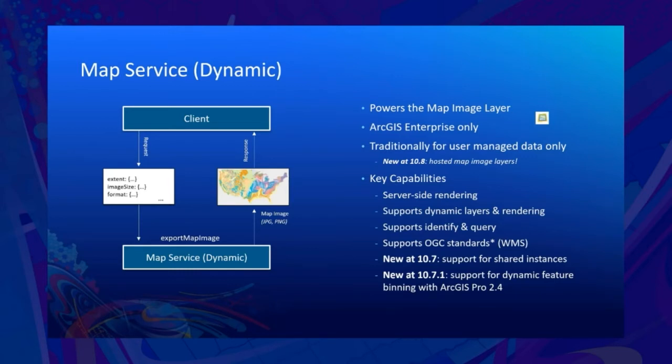Traditionally, when you published a map service to ArcGIS Enterprise, it came with a fairly high cost in terms of memory consumption in particular, completely independent of how many requests the service was receiving and the CPU consumption that such a request brings with it. It was always just sitting there waiting for requests to come in, and that took up a lot of memory per service. So there was often an incentive to minimize the number of map services you had on a system.